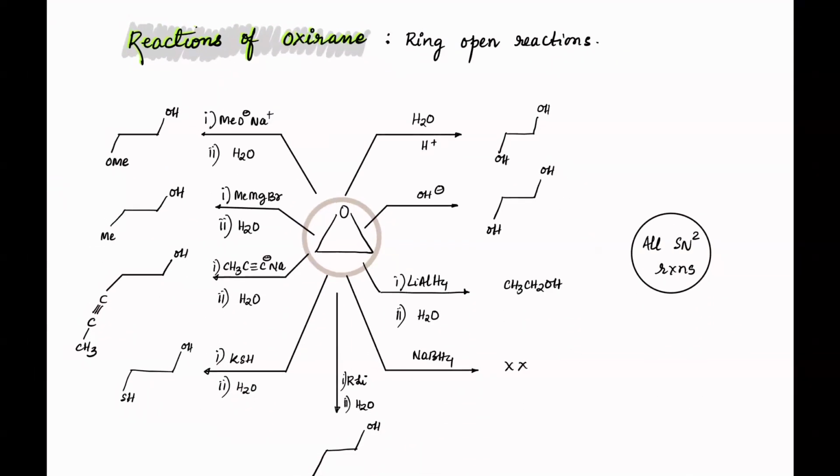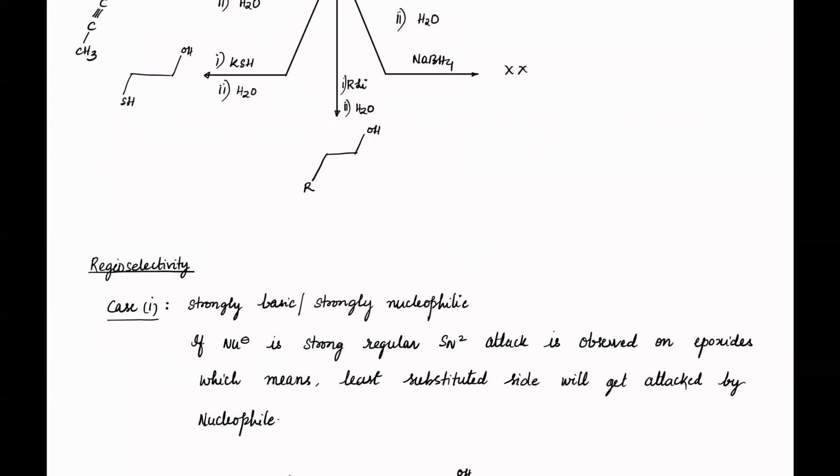Very simple. Oxiranes are reactive both in acidic medium as well as basic medium. Sir, why basic medium? Because of the ring strain. Because it is highly strained, even in basic medium, it will go via SN2 mechanism and open up the ring. So you notice that in acidic medium, first protonation will take place here and then the reaction will take place. So it will happen in two steps.